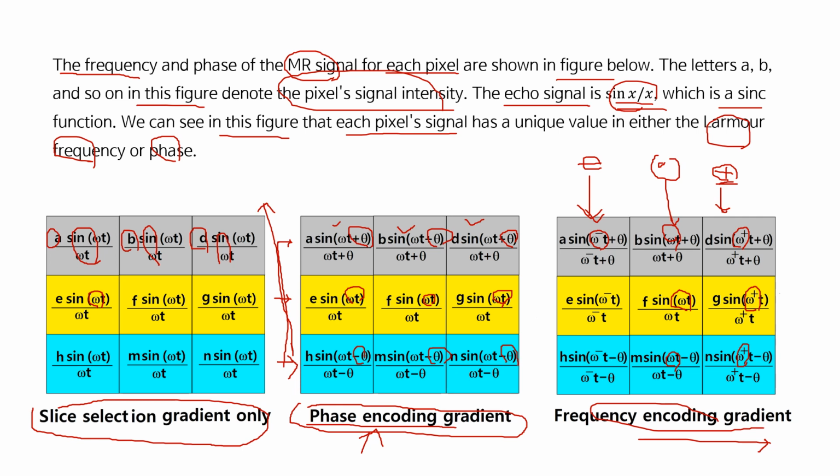So we can see the signals in pixels. They are all different, either the Larmor frequency or phase. So all different. We can see the signals are all different, either frequency or phase. So we can discriminate the signals of all pixels.